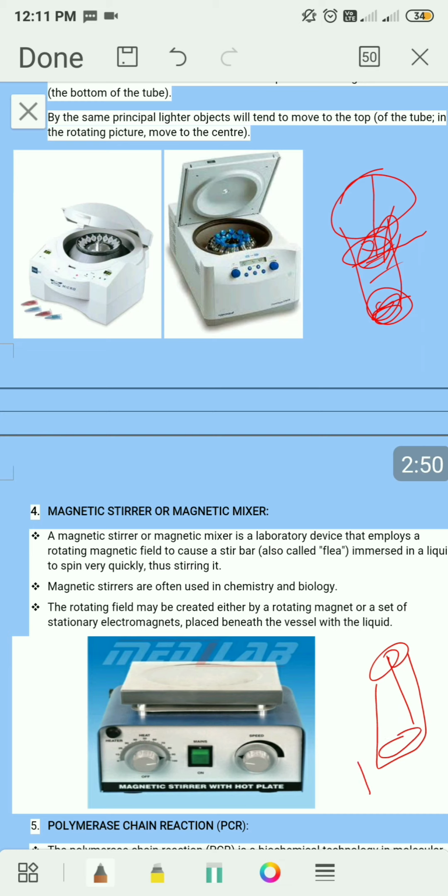It is placed here, and due to the change in the magnetic field, there will be continuous rotation, so the bead also rotates inside the beaker. The rotating field may be created either by a rotating magnet or a set of stationary electromagnets placed beneath the vessel with the liquid.